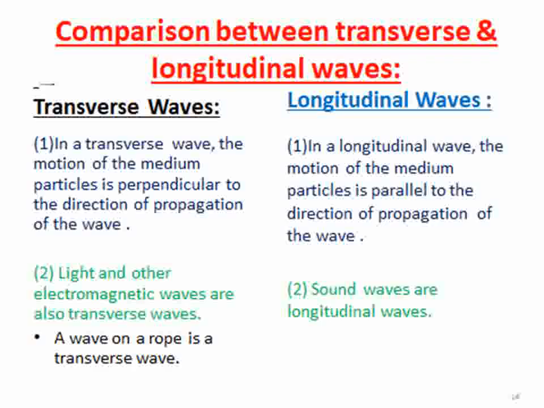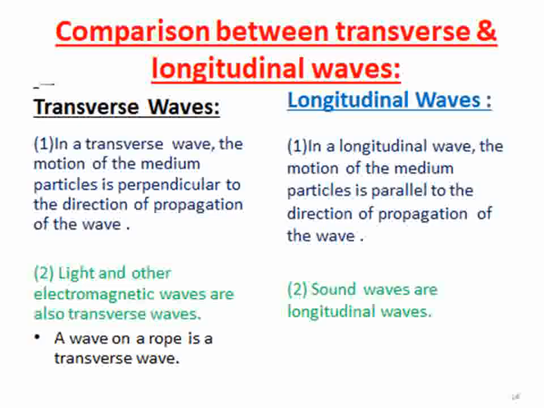Here is a comparative study between transverse and longitudinal waves. In a transverse wave, the motion of the particle is perpendicular to the direction of propagation, meaning the traveling of the wave. In a longitudinal wave, the motion of the medium particle is parallel to the direction of propagation of the wave.